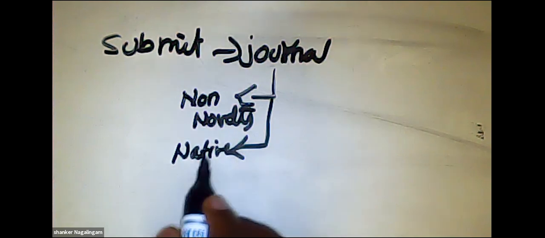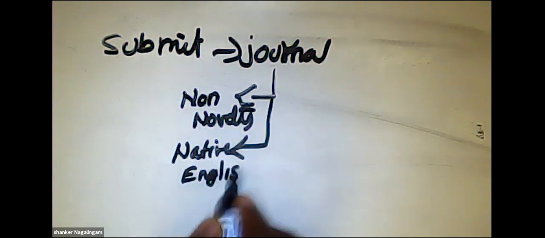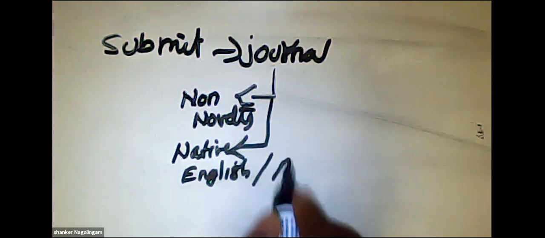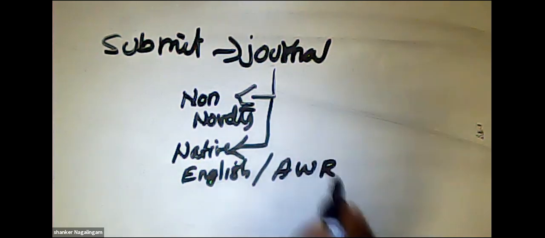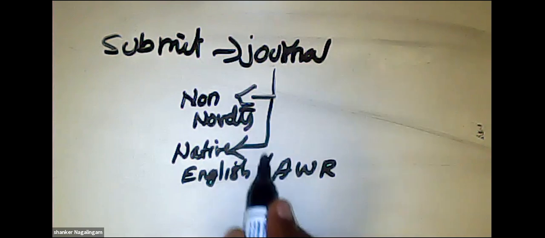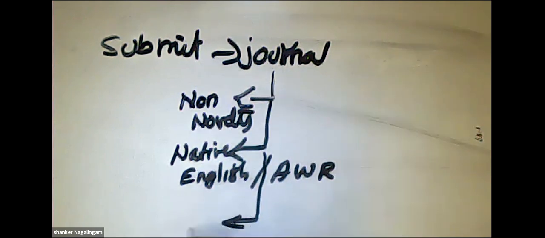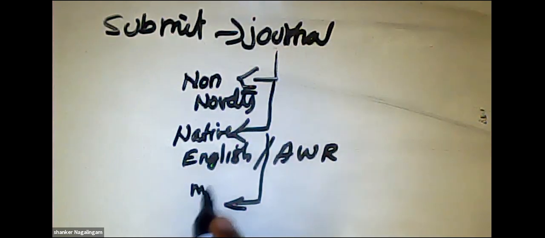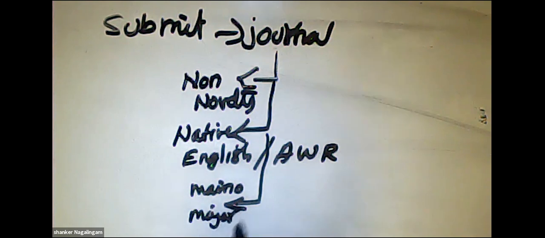You don't have native English writing, and that is indirectly called academic writing. That is the pending issue. Or otherwise, you will have some minor or major revisions. This is how it goes.